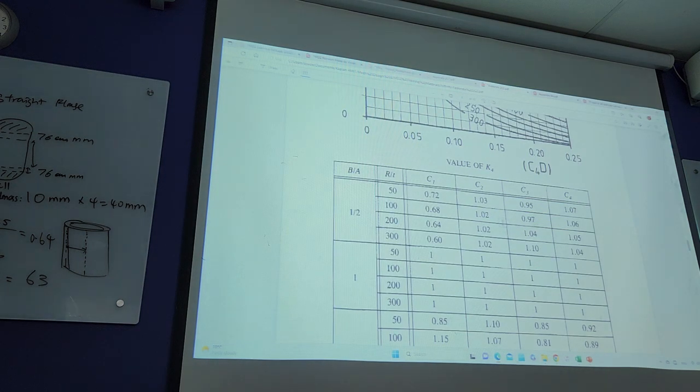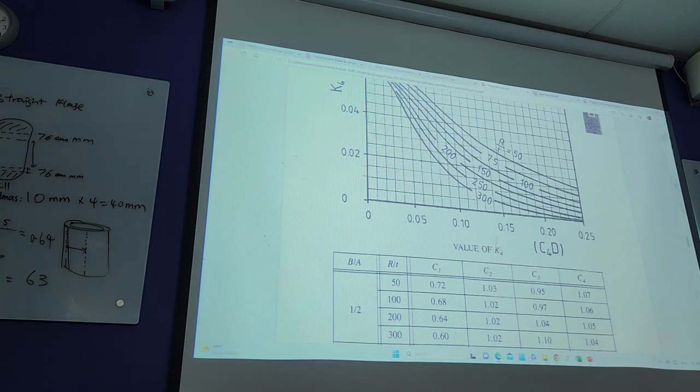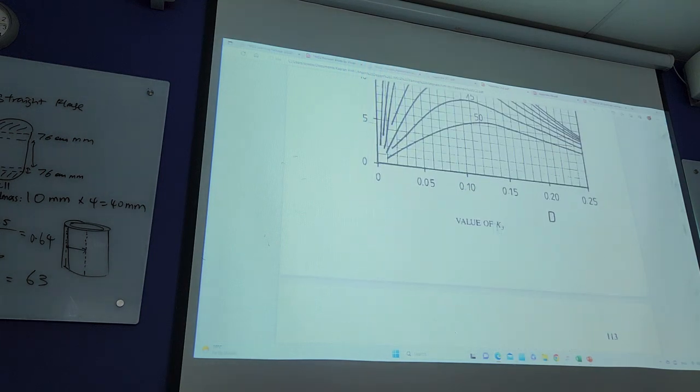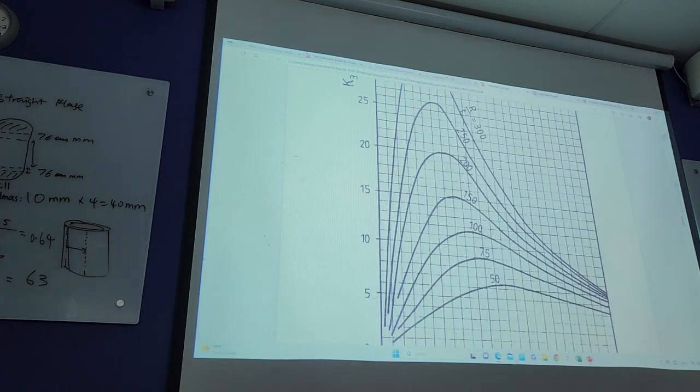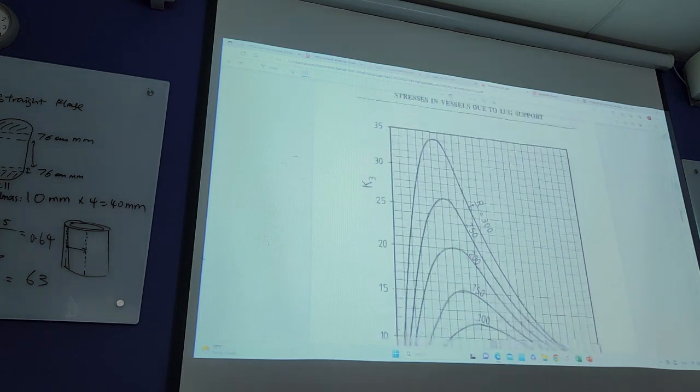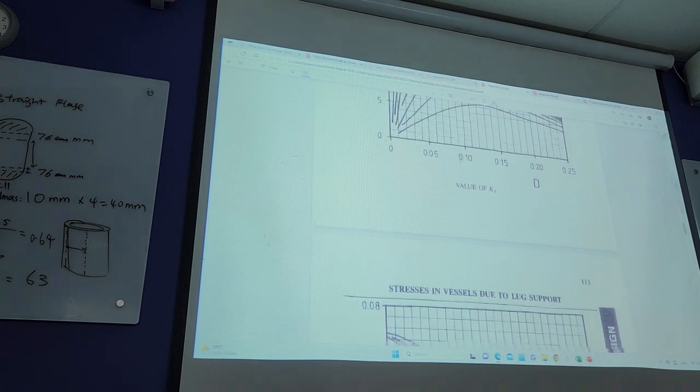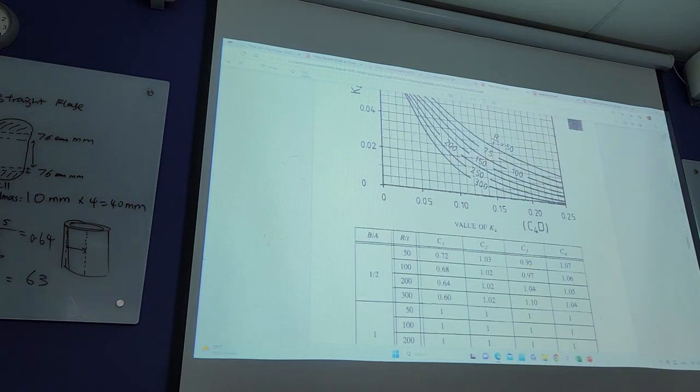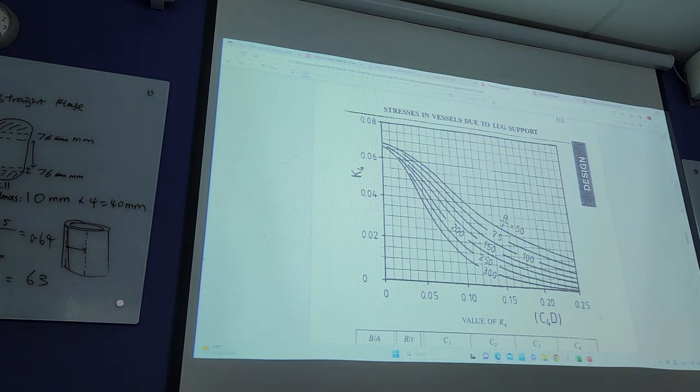You can see you have C1, C2, C3, C4, and then you have K2, K3, K4. Your K3, K4 is for your S2. So you have to draw a line, and then you find out the K1, K3, K4. That's what I showed you just now.